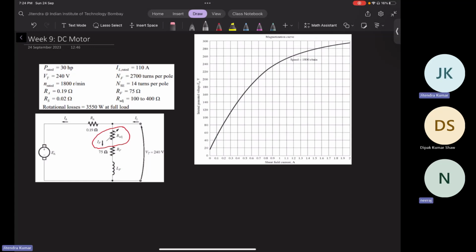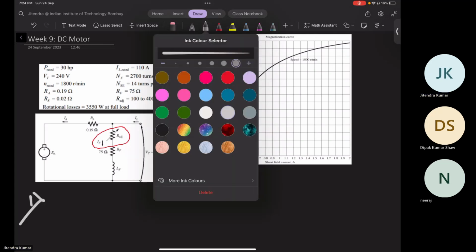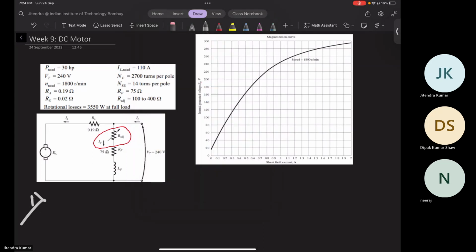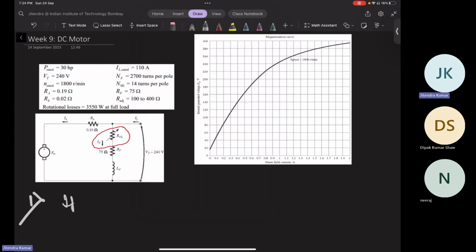Now we want to see, if our adjustable resistor is equal to 175 ohm, what will be the rotational speed of the motor at no load?